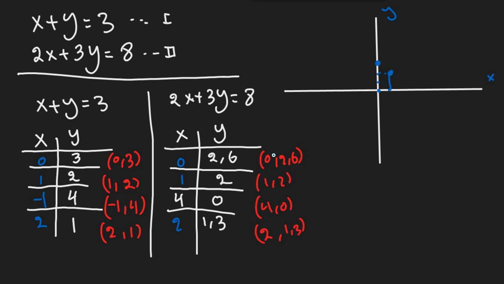And minus 1 and 4: x is minus 1, y is 4, it's coming here. And 2 and 1: x is 2, y is 1, it's here.